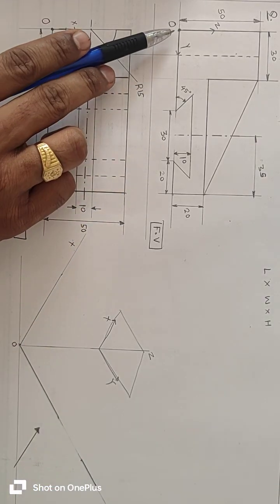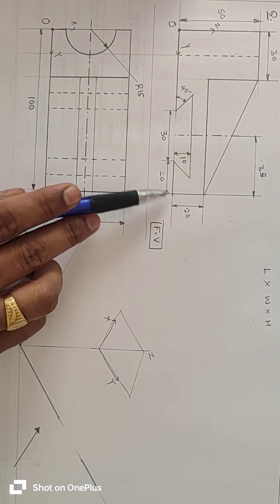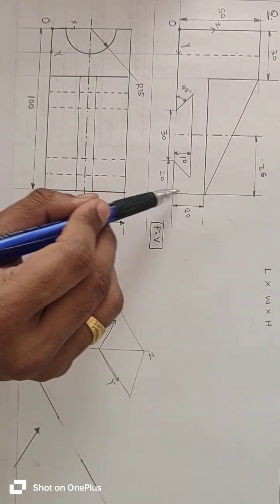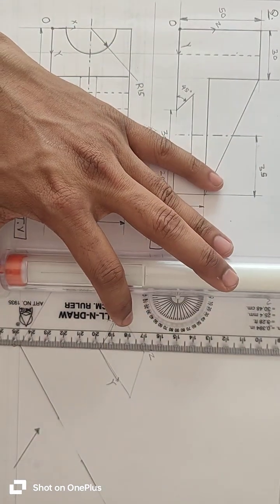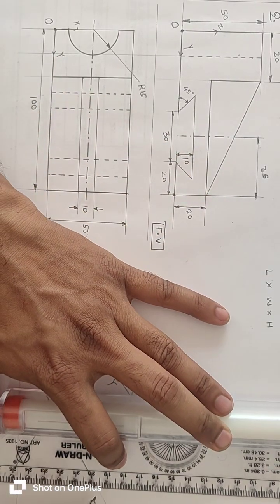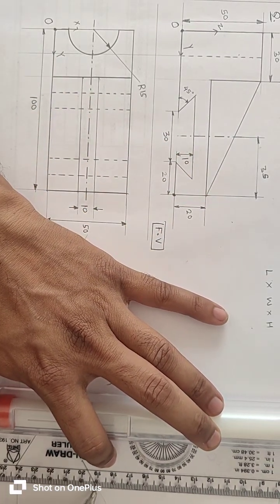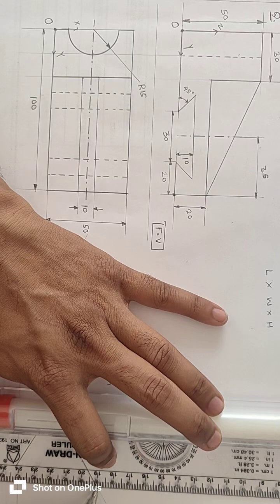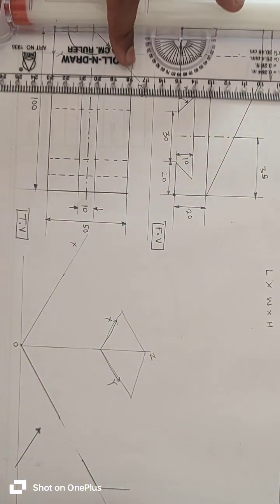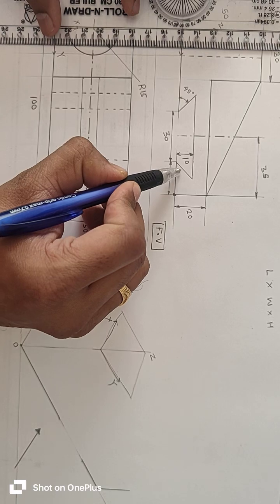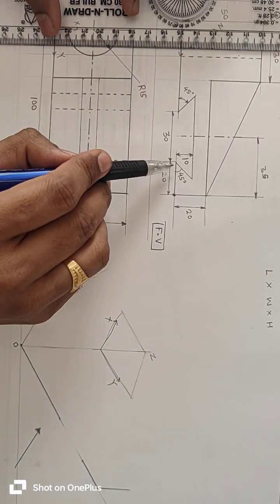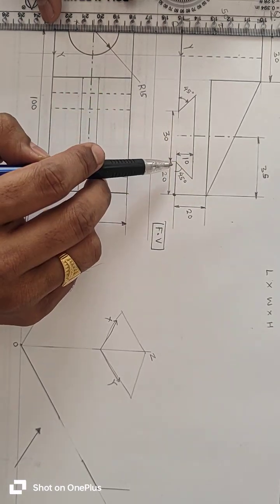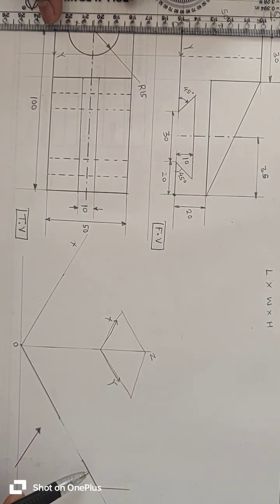Then this point has a height of 20 mm along the z axis. So along the z axis we will take a height of 20 mm. Then this angle is given in the question, equal to 45 degrees. The angle in the question, that is the angle in orthographic, and the angle in isometric are different. This is not 45.